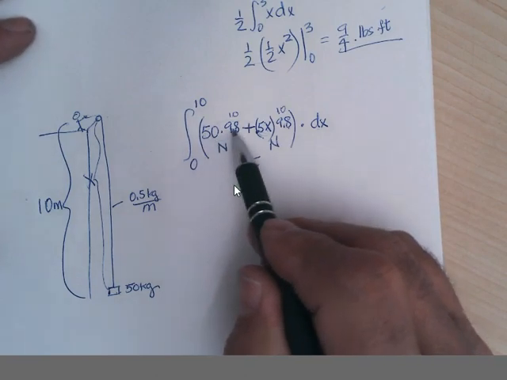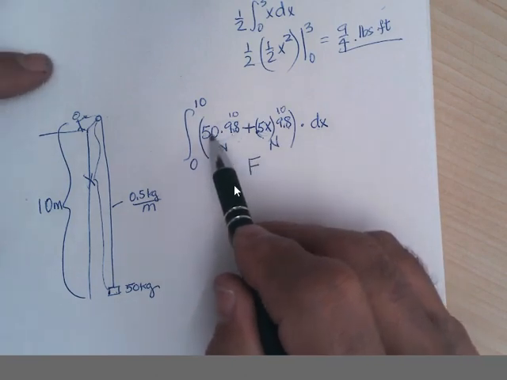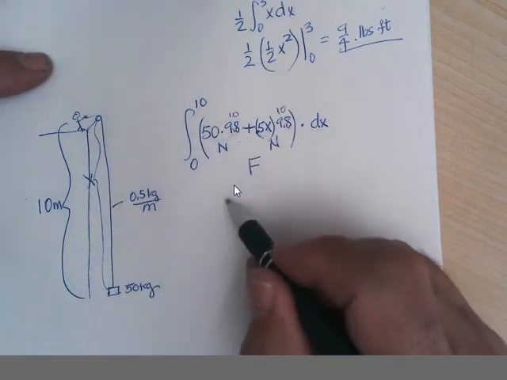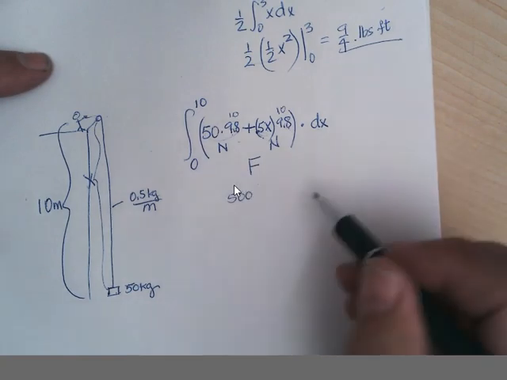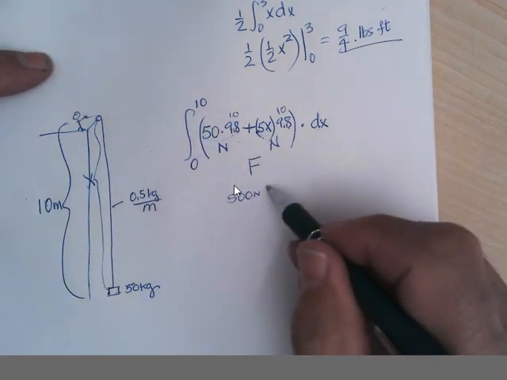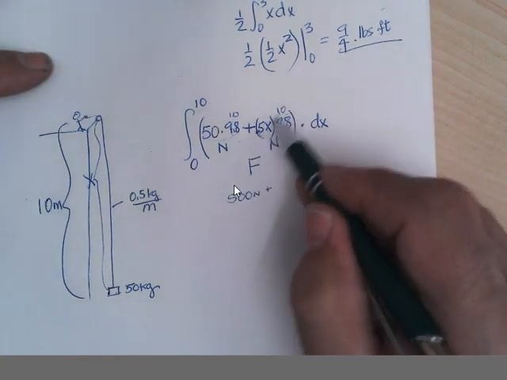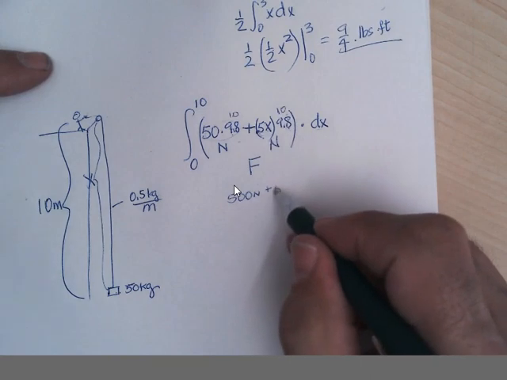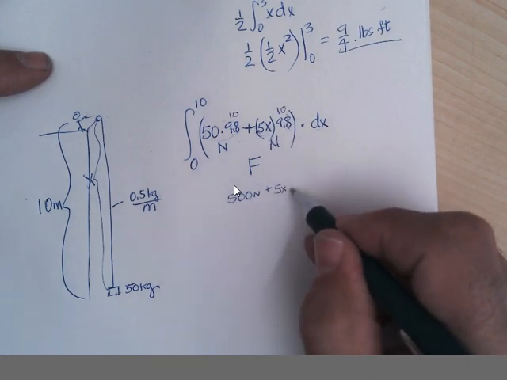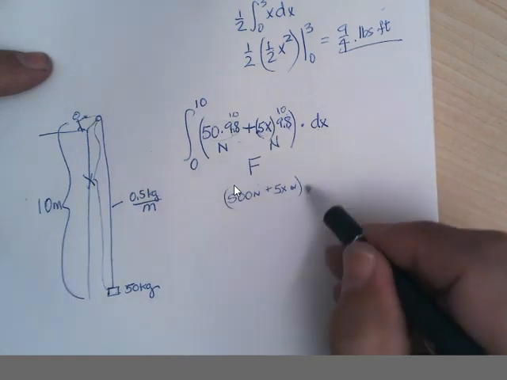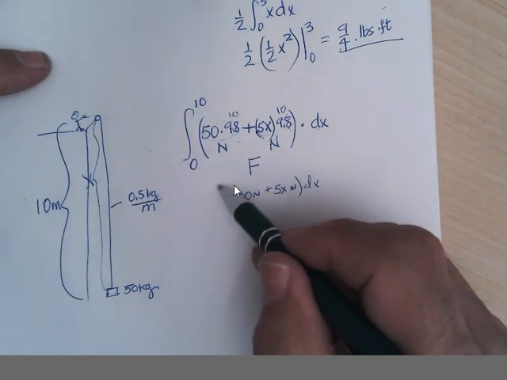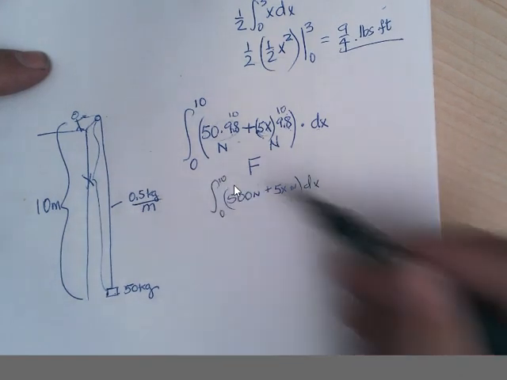So I'm going to get 50 times 10, 500 newtons, plus 0.5 times 10 is 5x newtons, times dx, integrated from 0 to 10.